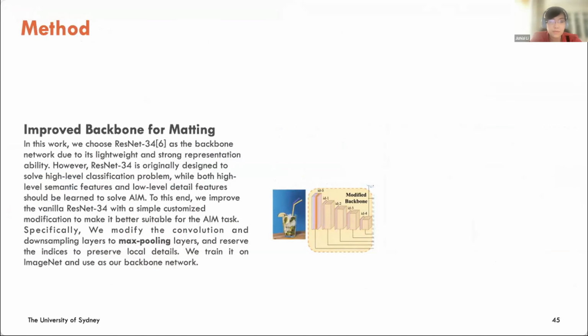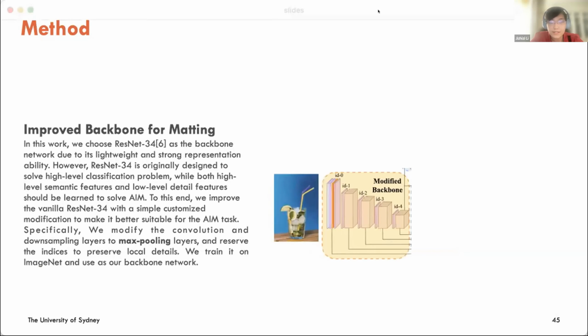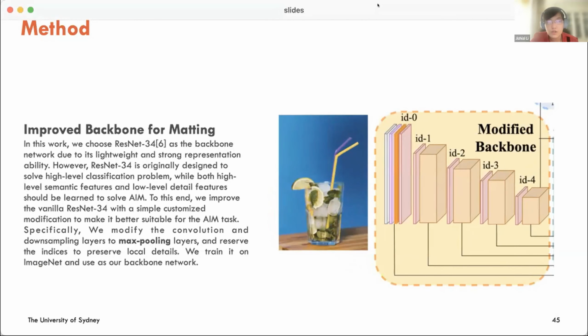The previous version, ResNet-34, doesn't preserve the indexes. So what we have done is we customize it to make it more suitable for our task. We modify the convolution and downsampling layers to max pooling layers. In that case, we reserve the indexes to preserve local details. And this is what we have done for the encoders.